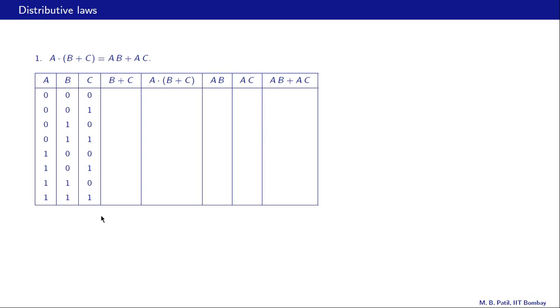And it is good to do this systematically, and a good way to do that is the following. Let C vary as 0 1 0 1 0 1 0 1, B as 2 zeros followed by 2 ones, then again 2 zeros and 2 ones, and A 4 zeros and 4 ones. If we do that, then you will notice that we are exhausting all possible input combinations.